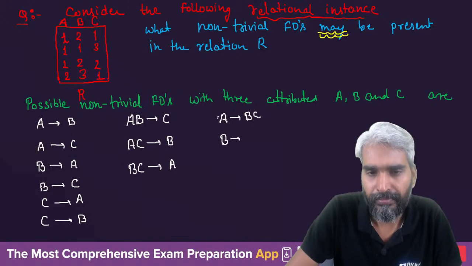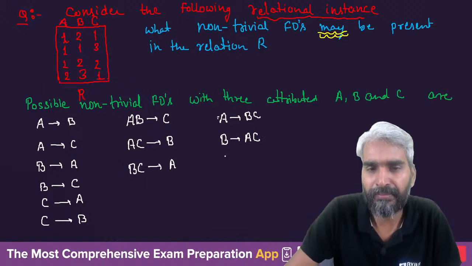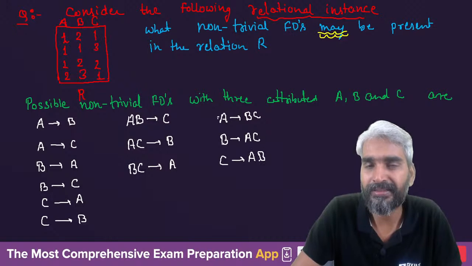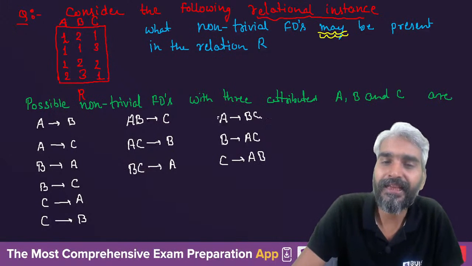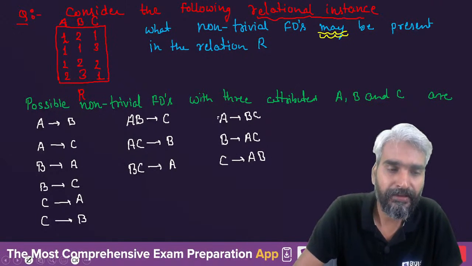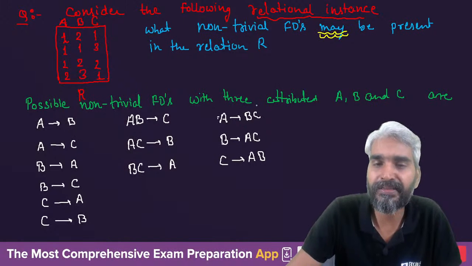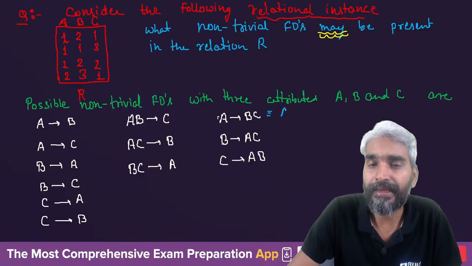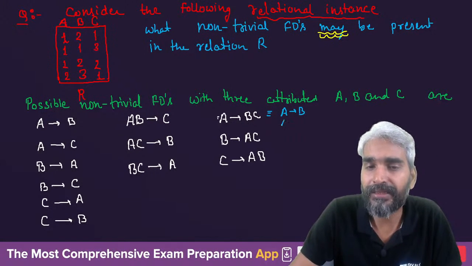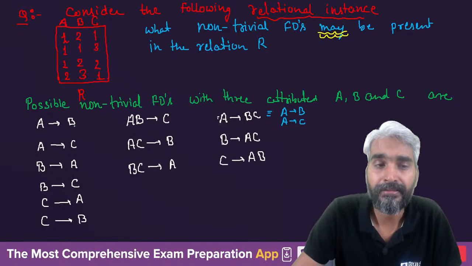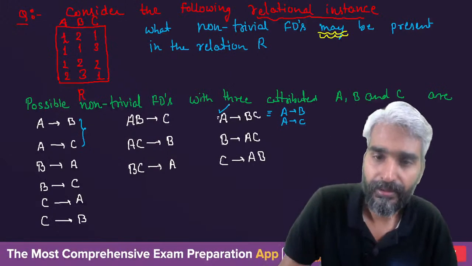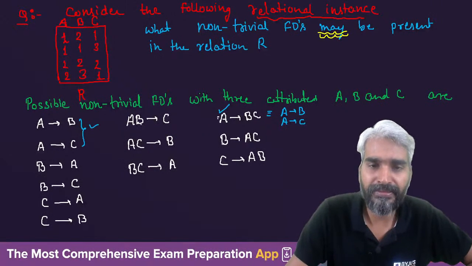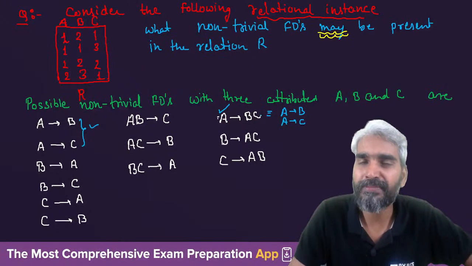Similarly, B implies AC may be present. And similarly, C implies AB may be present. So what's the idea? If A implies BC is present, then it effectively means that A implies B as well as A implies C will be present. If both of them are present, then you already know that A implies BC is also present.